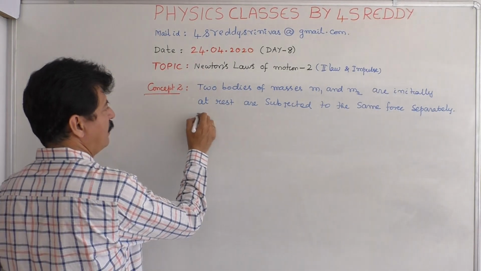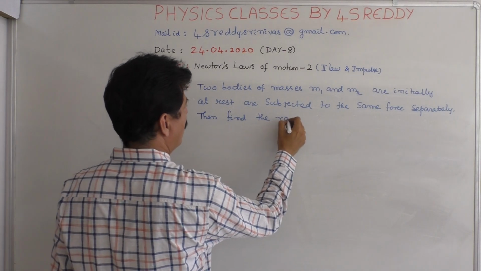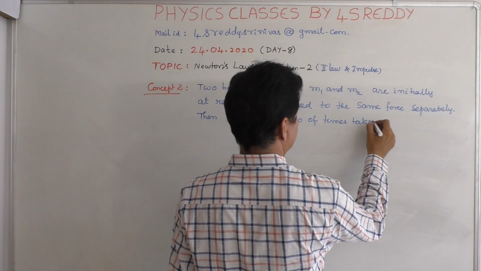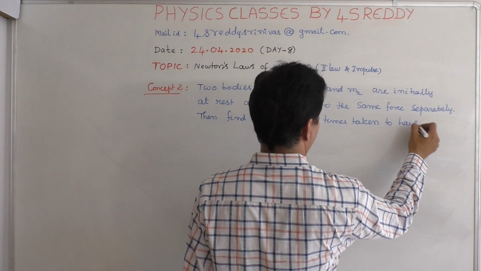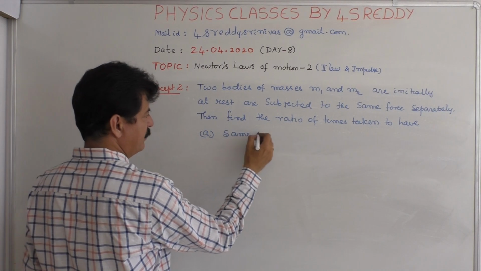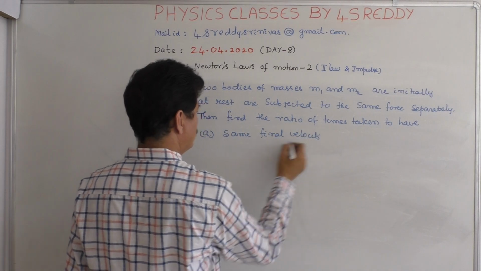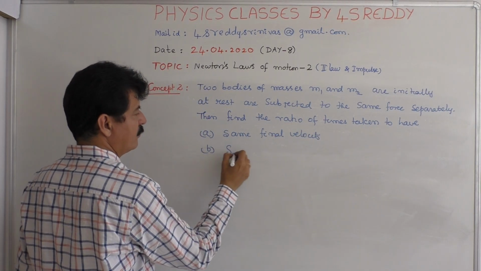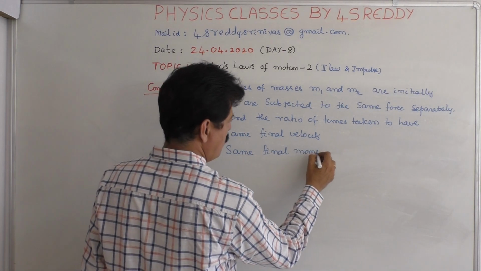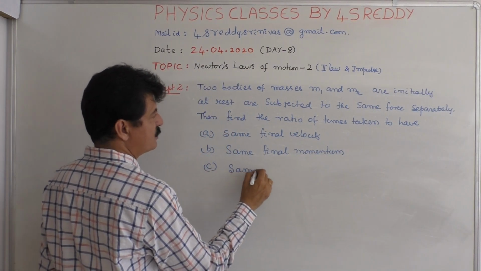Then find the ratio of times taken to have (a) the same final velocity, (b) the same final momentum, (c) the same displacement.